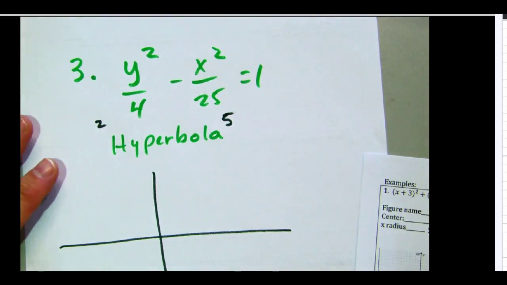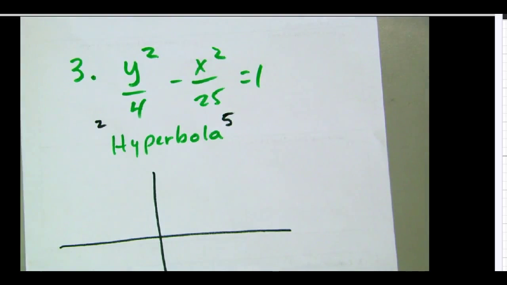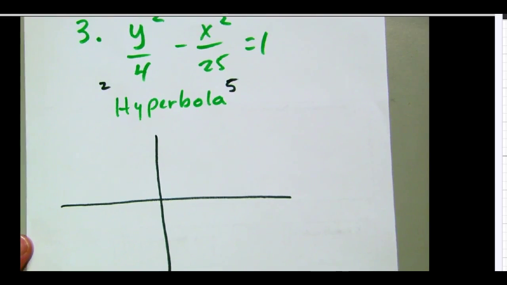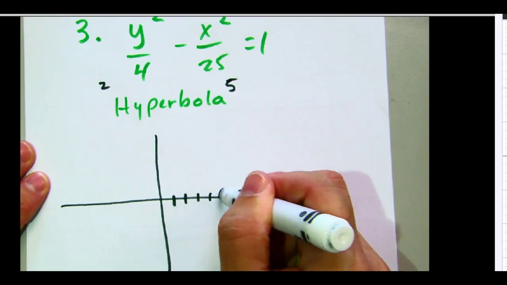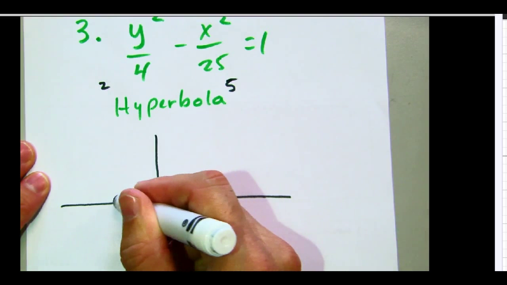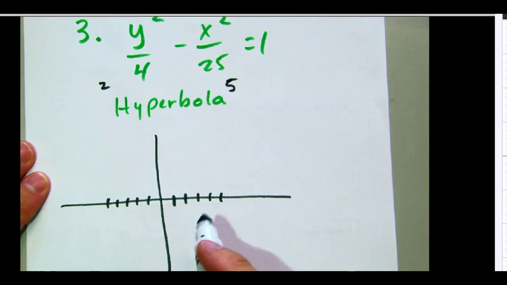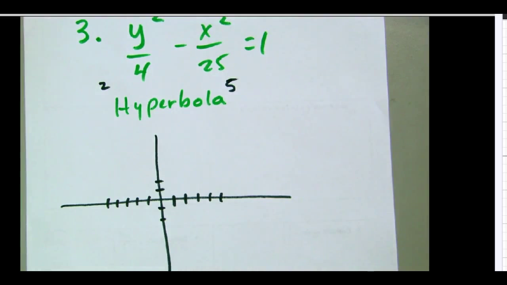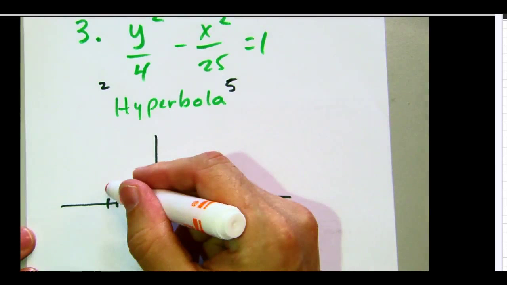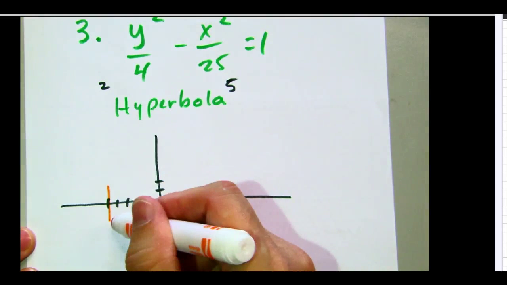So this is going to be different than what I did on the last one, but I'm going to build the box exactly the same as what I did last time, but with respect to the particular axes. So here I'm going to go up 5, and 5 and 5. And then on this axis, I'm going to go out 2. Now, how we do this is that we build the box like we were doing it for the ellipse.